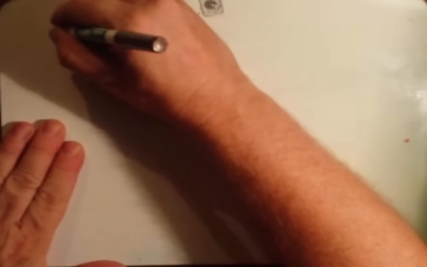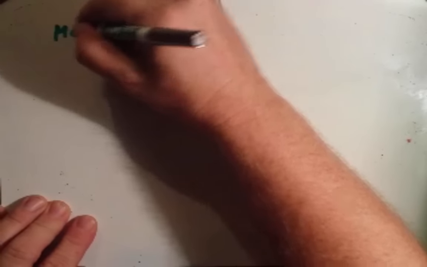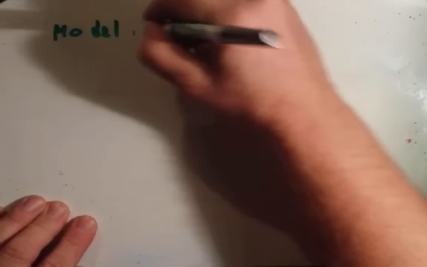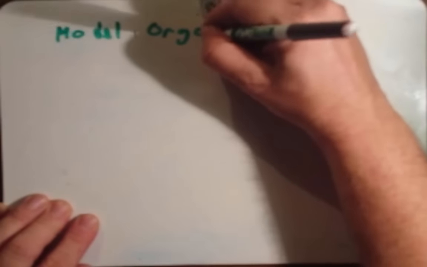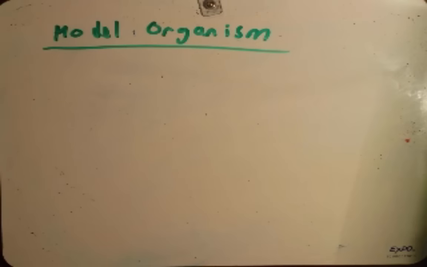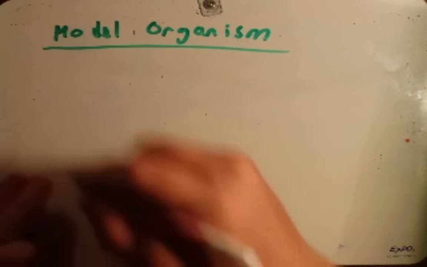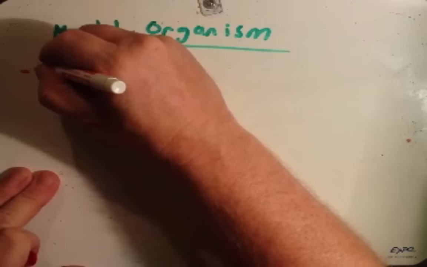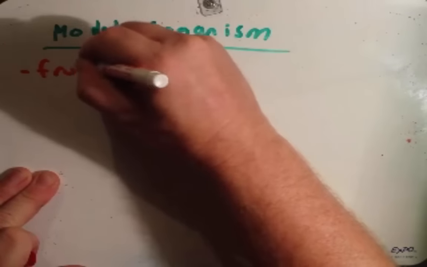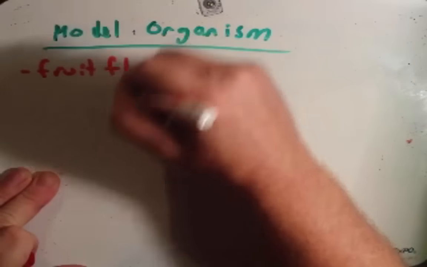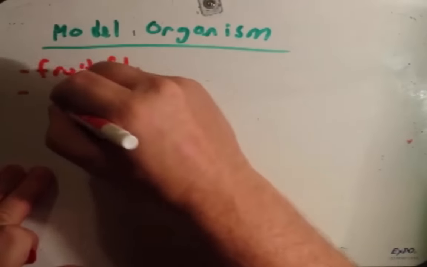The next thing I want to talk about is something we will call a model organism. Some examples of a model organism would be like a fruit fly, Drosophila. Might be a mouse.